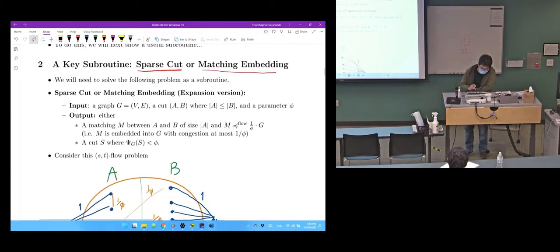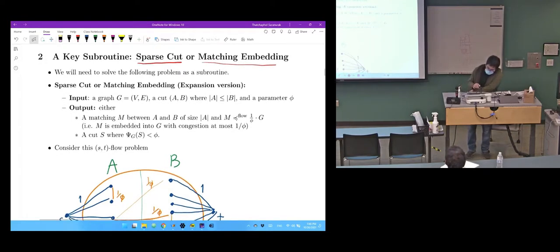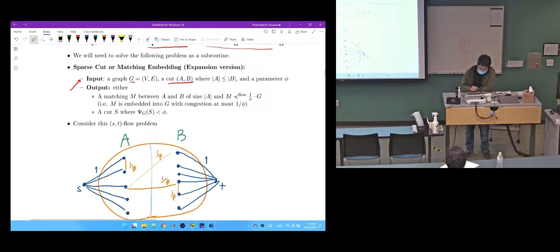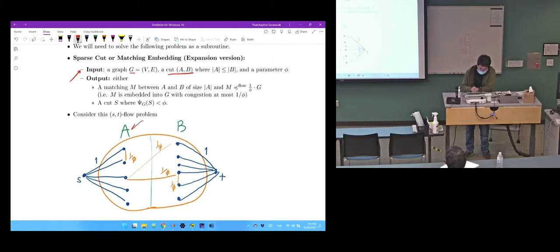Okay. So the subroutine formally is like this. You're given a graph and some cut A and B, let's say A is less than B, and a parameter phi.